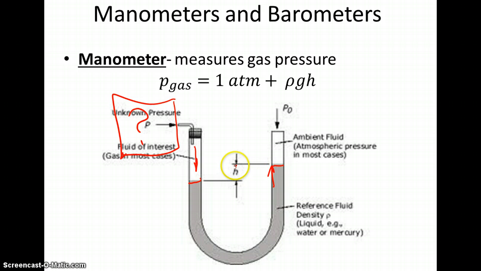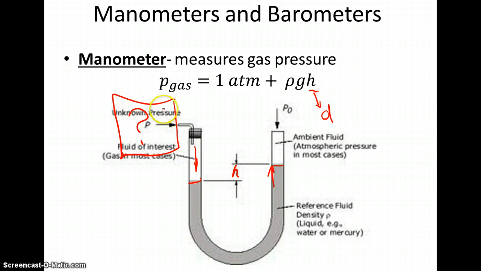We express this rise as a delta H. That delta H acts an awful lot like a formula that we know with depth. If this is rising, then H is going to have a positive value.